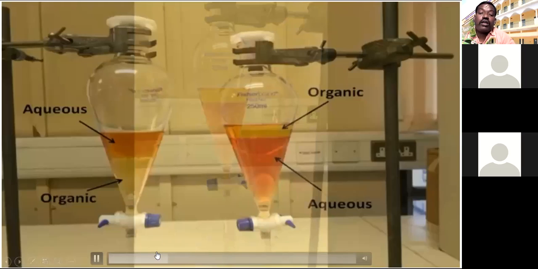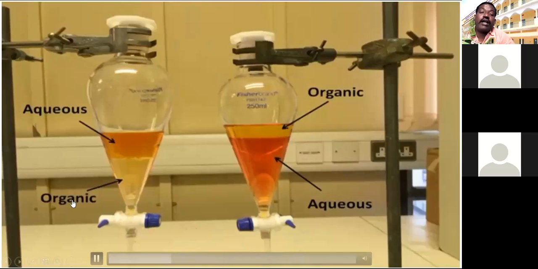Here the different densities of the aqueous layer and organic layer are shown. In the first diagram, the aqueous layer has less density, so it is the upper layer, and the organic layer has high density, so it is at the bottom of the flask. In the other diagram, the organic layer has less density compared with the aqueous layer.